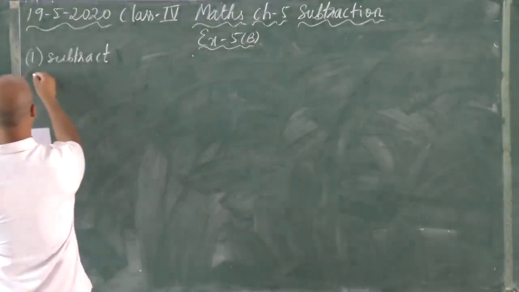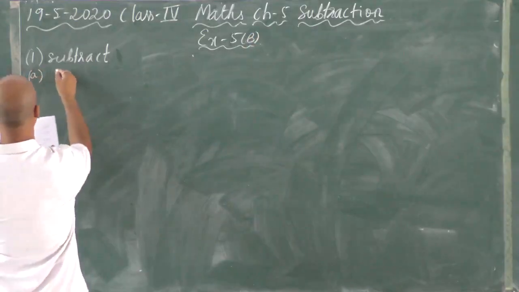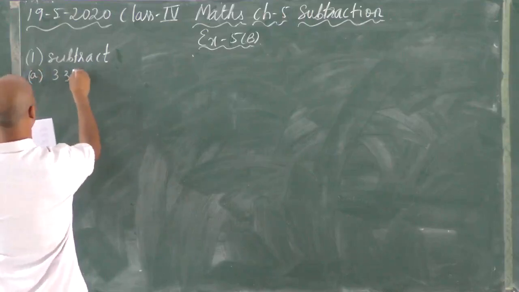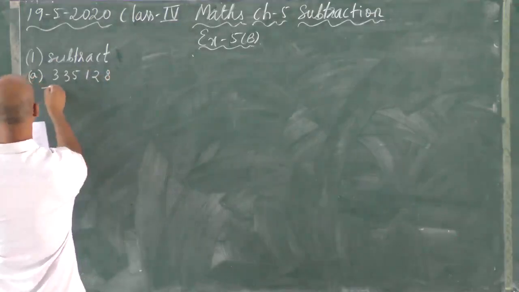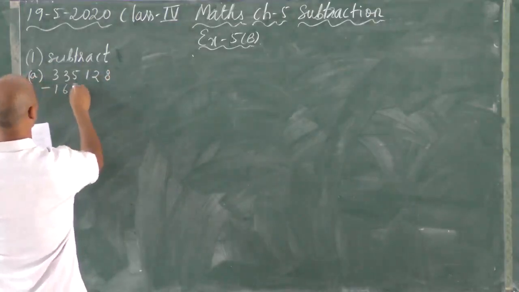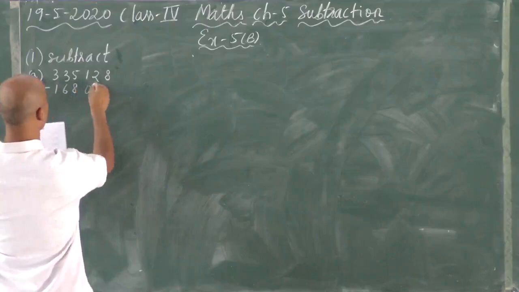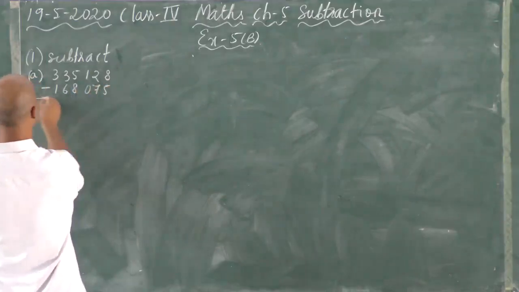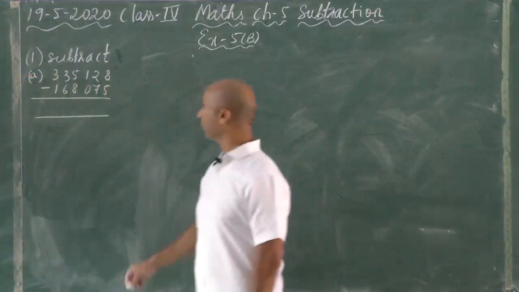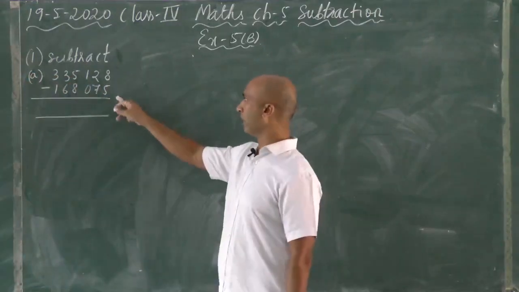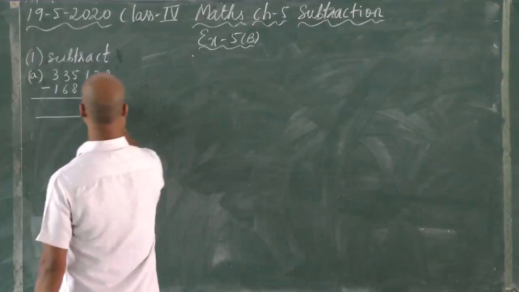Question number 1, it says subtract. Number A, 3,35,128 minus 1,68,075. Okay, now you will subtract. From 8 to subtract 5, you will get 3.